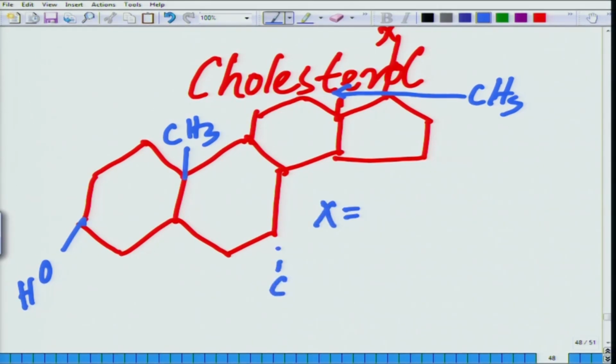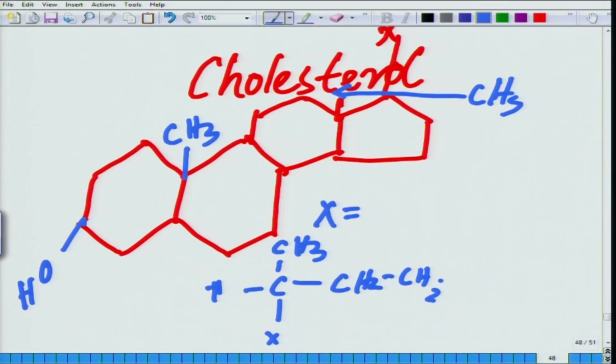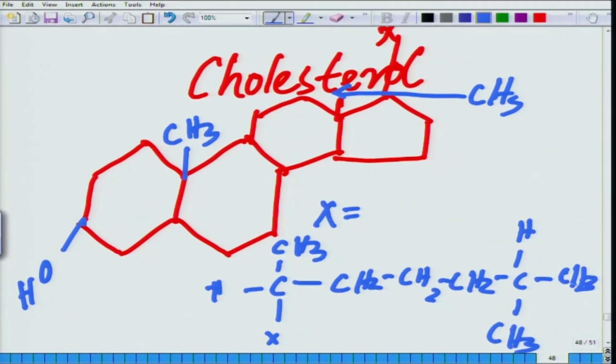CH3, H, and this is where the X is actually connected, CH2, CH2, CH2, CH, CH3 and CH3.